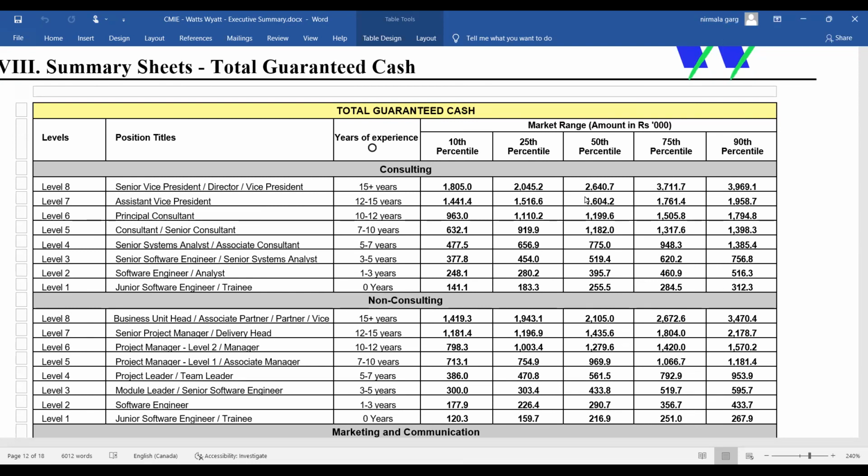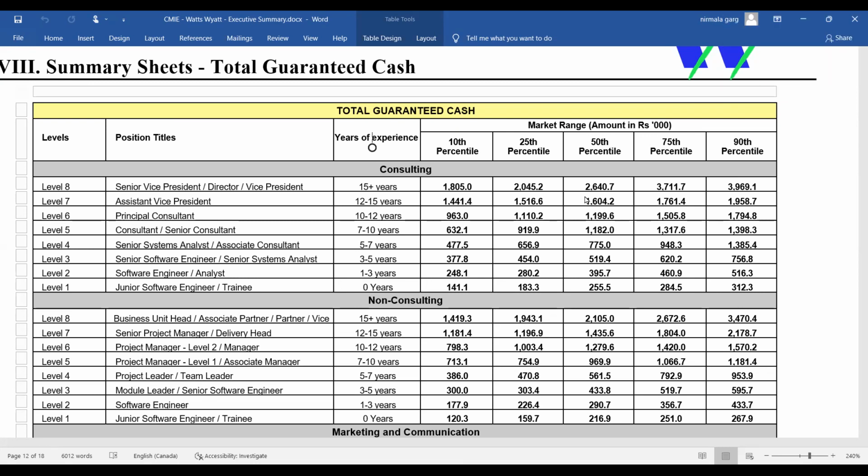That means 75 companies are paying less than me and 25 companies are paying more than me. Very clear? Percentile is not an absolute figure, but a relative position. It is not a percentage out of 100 either. At the 75th percentile, 75 companies are paying less than me and 25 are paying more.